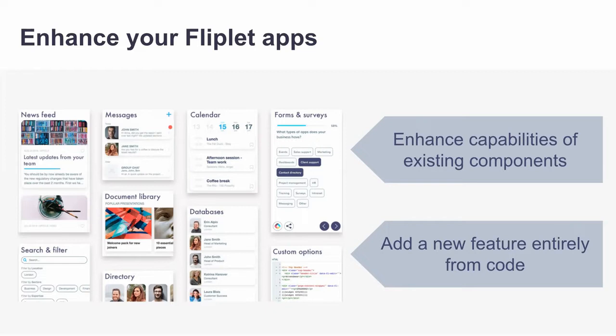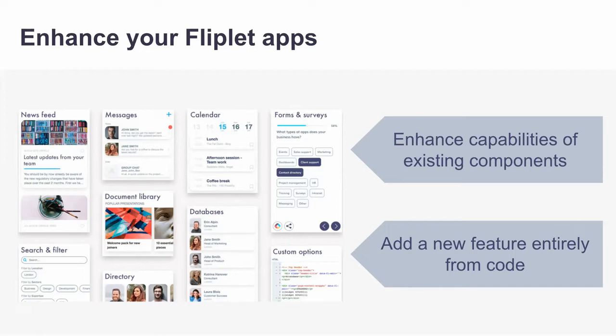So for example, if you're familiar with some of the components in Fliplet, perhaps in your app you already have a form, or maybe you have a list from data source. There are quite a lot of snippets in the code library that explain how you can add a little bit of code on top of them to customize and enhance them to be a bit more specific for your use case.